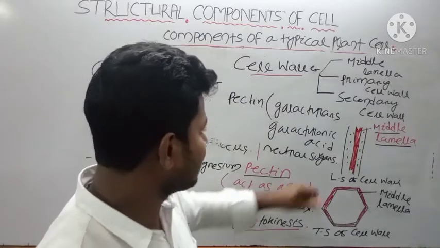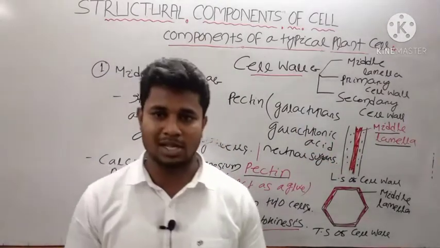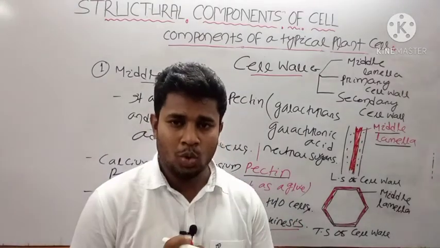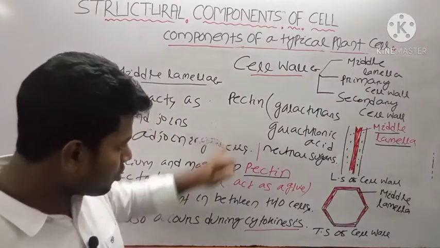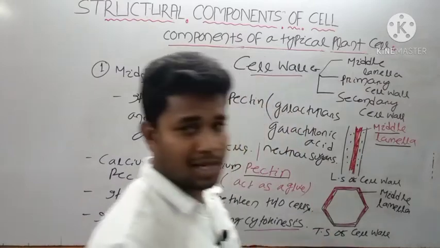Okay, these are the three basic components which make the pectic substances or pectins, which act as a glue to adjoin two cells. Okay, note down these points. We will again start with our next topic, the primary cell wall.